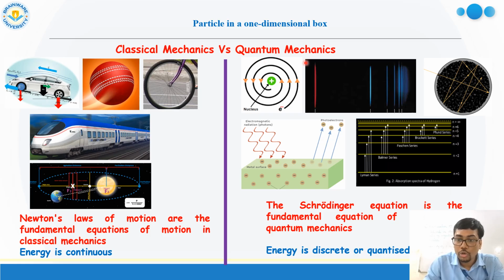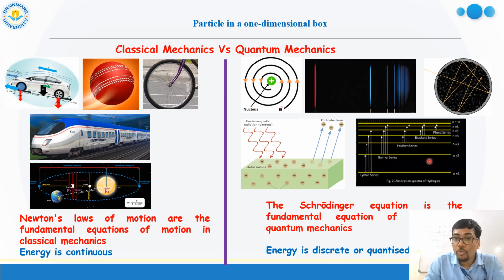In that case, we have to use quantum mechanics, which follows the Schrodinger equation, the fundamental equation of quantum mechanics that I discussed in my previous lecture. Here the basic assumption is that energy is discrete or quantized.